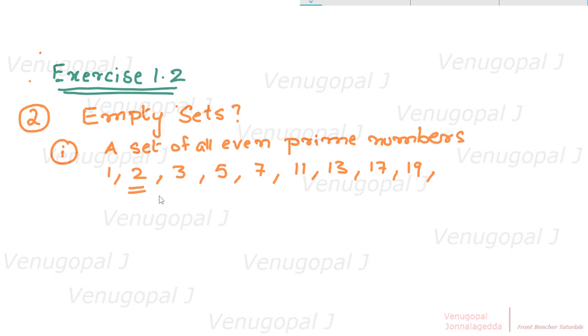All other even numbers more than 2 will not be prime, because the lowest of the even numbers is 2, and all the even numbers which come after it are divisible by 2, so they are not prime numbers. So what we get is only a single even prime number, which is actually a singleton set and not an empty set. So this is not an empty set.